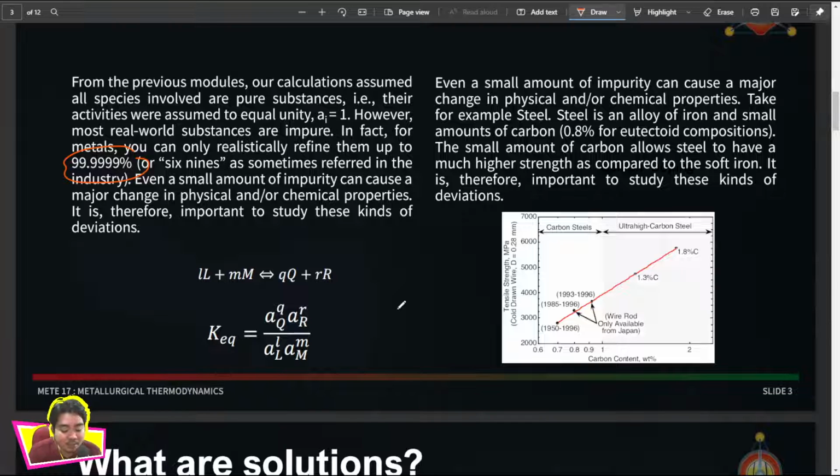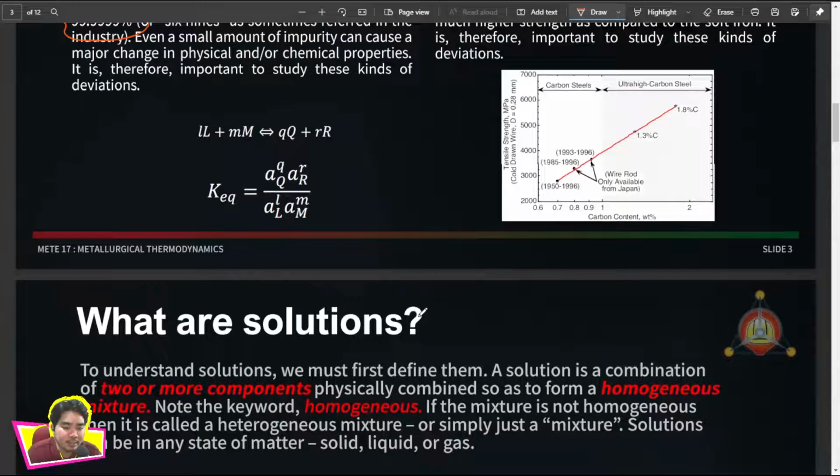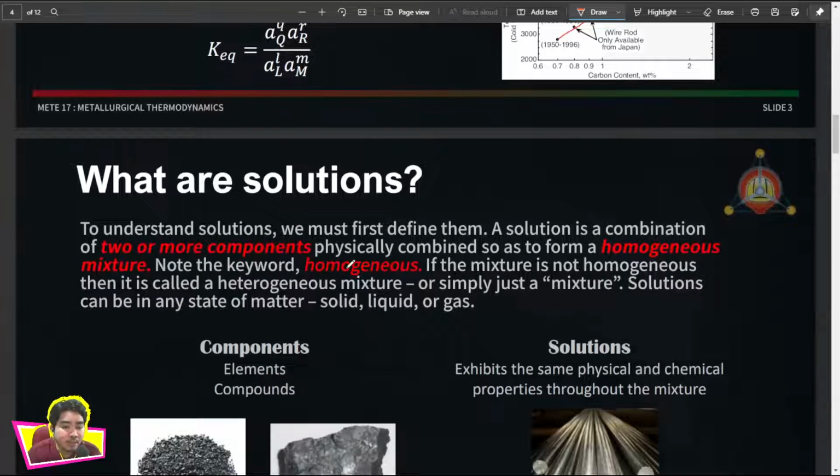Pero in any case, just a small amount of sulfur will definitely make your material brittle. So instead of steel being so strong, si steel becomes brittle. And that's why in most refining industries, especially for steel, sobrang binabantayan yung sulfur levels. Therefore it is necessary na kailangan natin i-take into account yung minute changes na to.